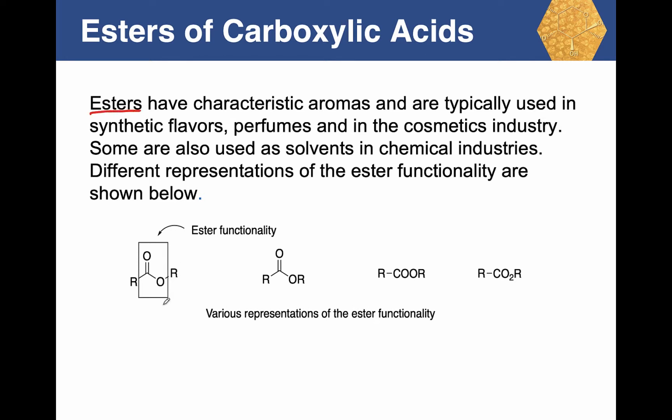Esters. You will recognize the ester functionality as shown here. A carbon bonded to an oxygen by a double bond, and also that carbon of the carbonyl is bonded to an oxygen which is bonded to an R group. Notice an R group, a carbon containing group. So that's the ester functionality.